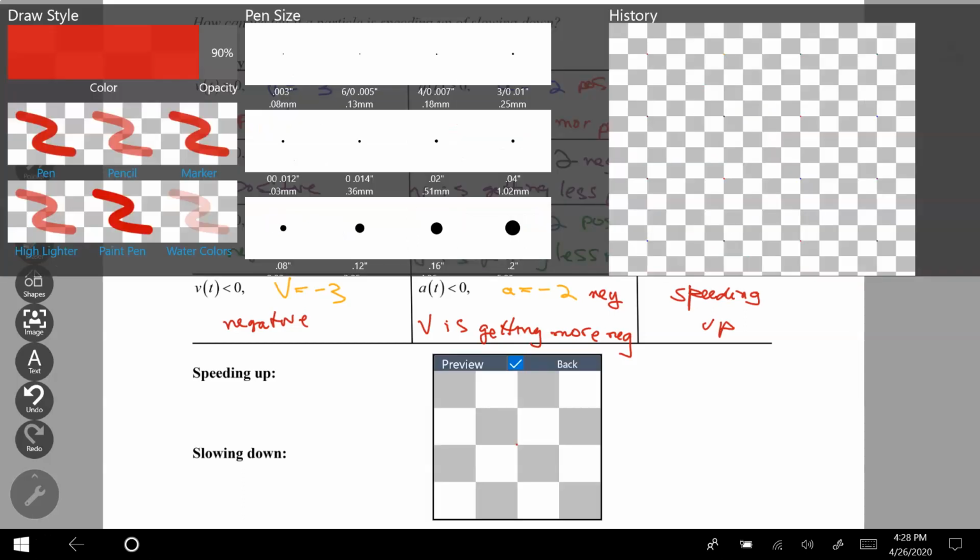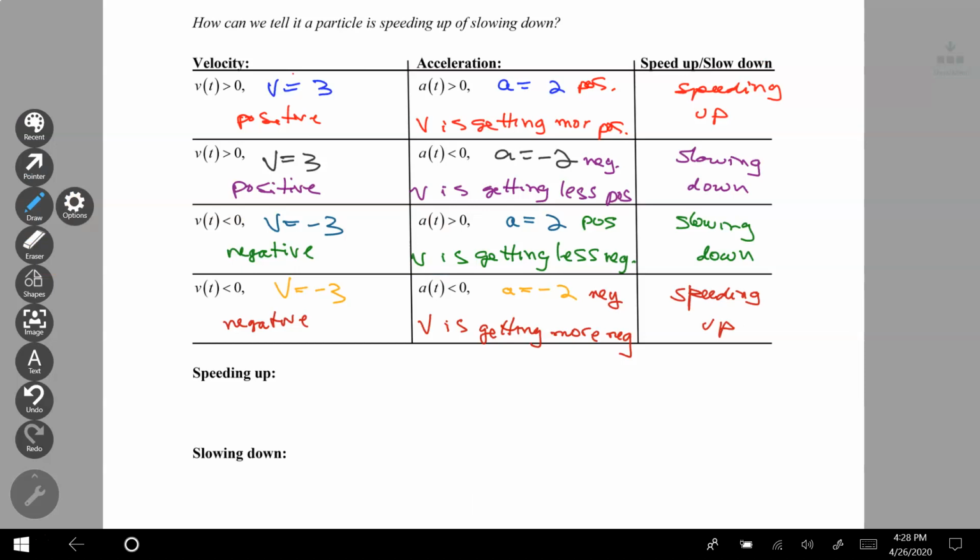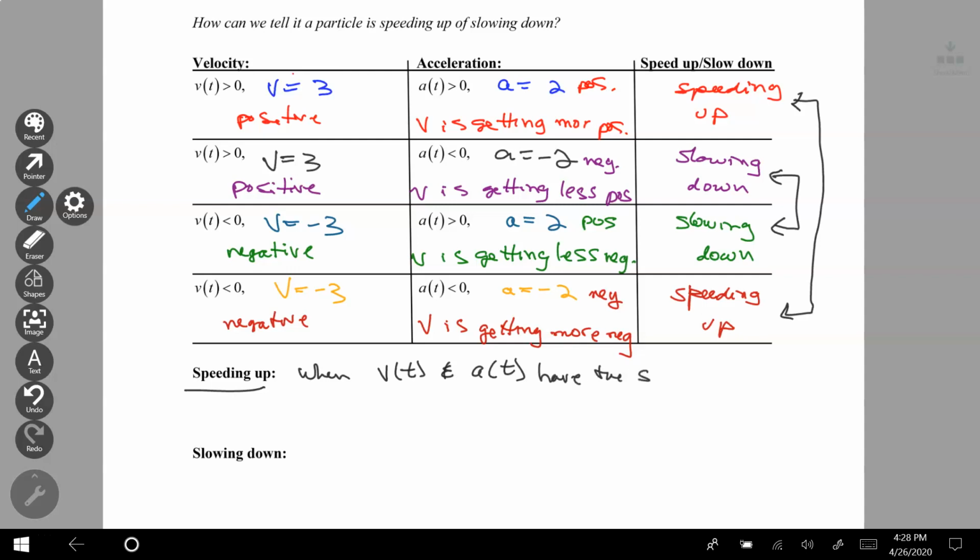So if you see all this, you can see that these two tended to be the same, and these two were the same. And that's because I'm speeding up when V and A have the same sign.